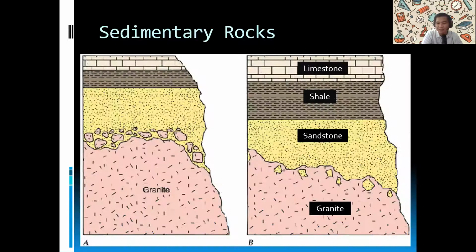Sedimentary rocks, just like this one. We have limestone, shale, and granite. Okay. Now, the most known sedimentary rock, or the most abundant sedimentary rock, I think, is the limestone or the sandstone. It's wider of the two.